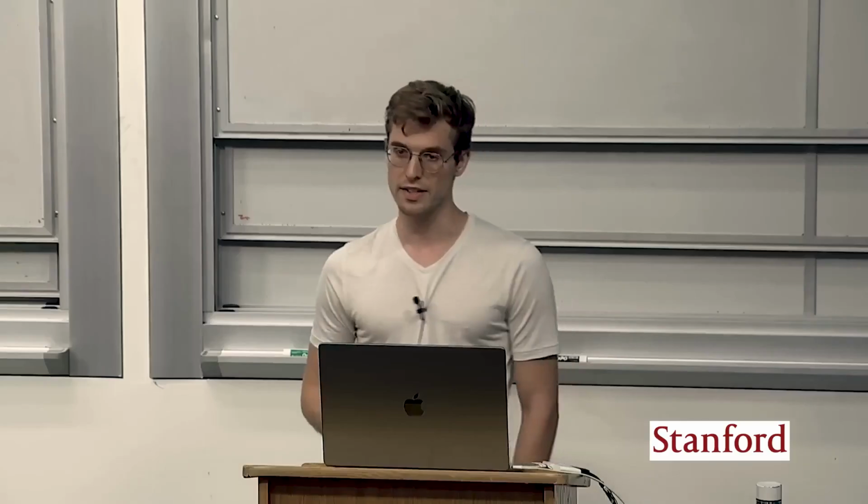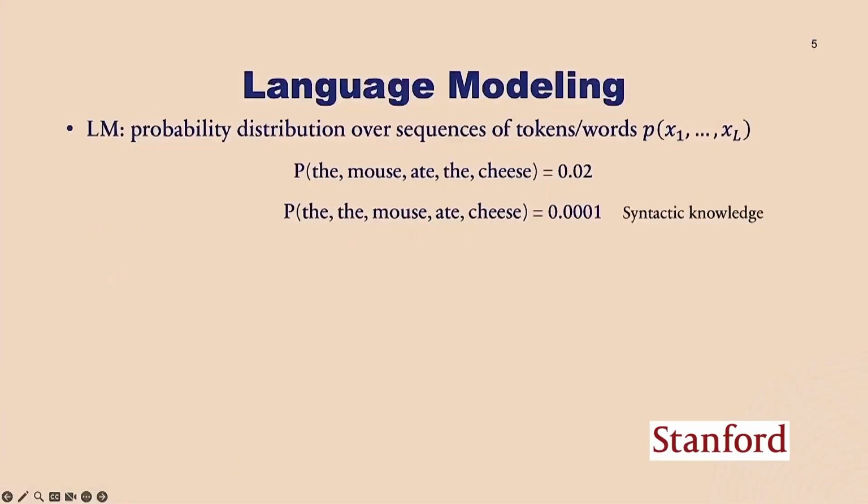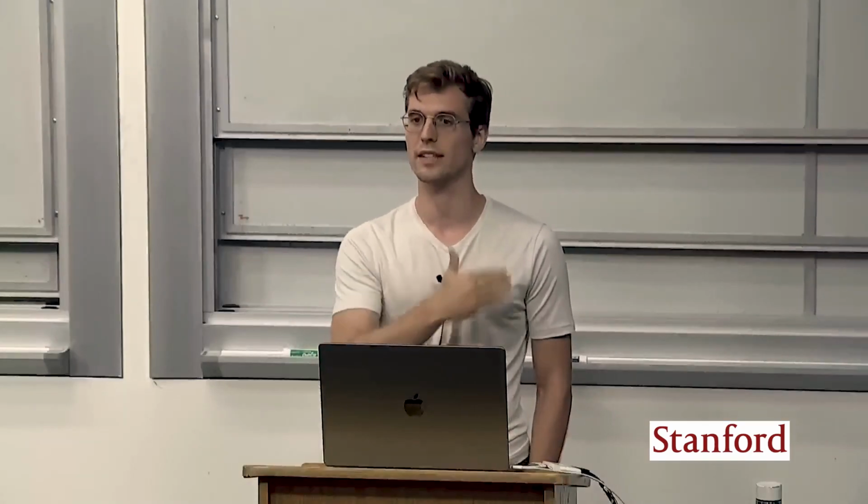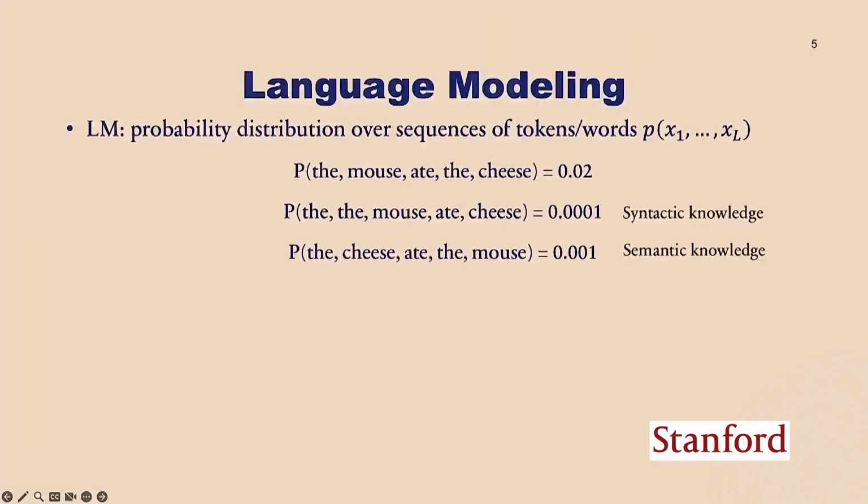If you have another sentence like "the mouse ate cheese", here there's a grammatical mistake, so the model should have some syntactic knowledge and know that this has less likelihood of appearing online. If you have another sentence like "the cheese ate the mouse", then the model should hopefully know that usually cheese doesn't eat mice. So there's some semantic knowledge, and this is less likely than the first sentence. This is basically at a high level what language models are.